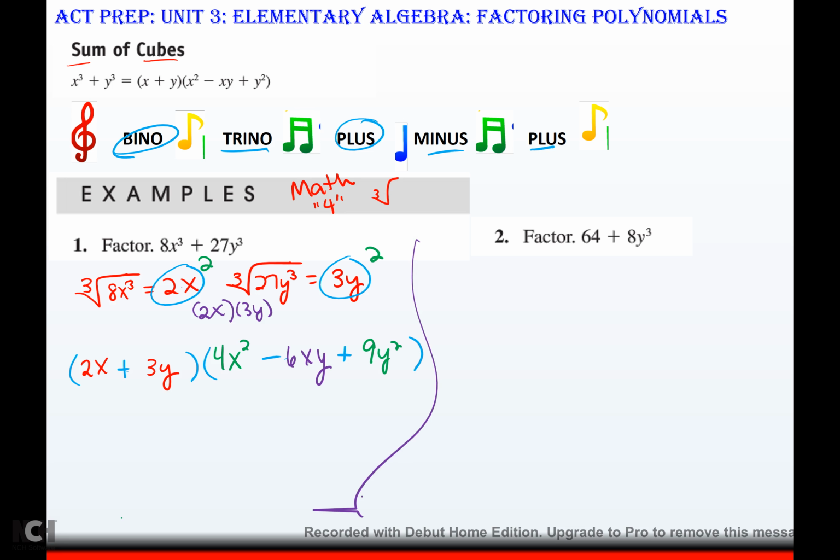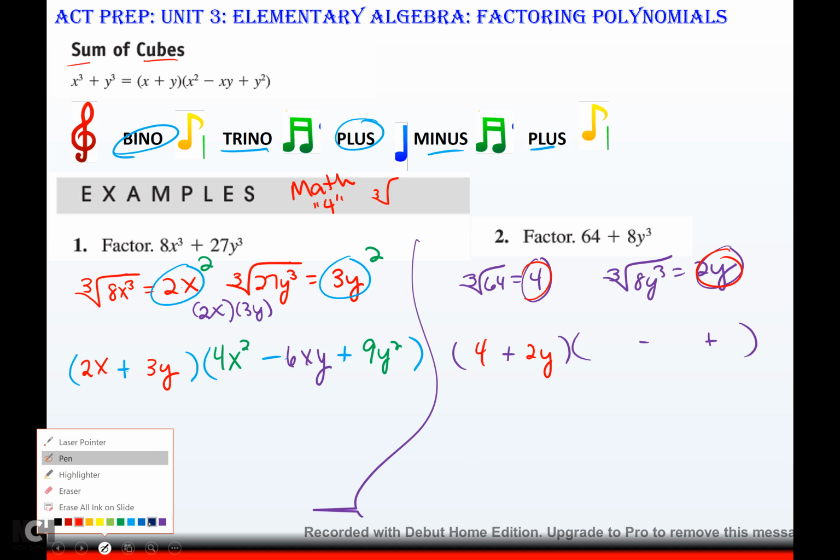Okay? So if I try this one, let's see if it's perfect. The cube root of 64 is 4. The cube root of 8y cubed is 2y, so they are perfect, which means I get to do binomial, trinomial, plus, minus, plus. My terms for the binomial are 4 and 2y.